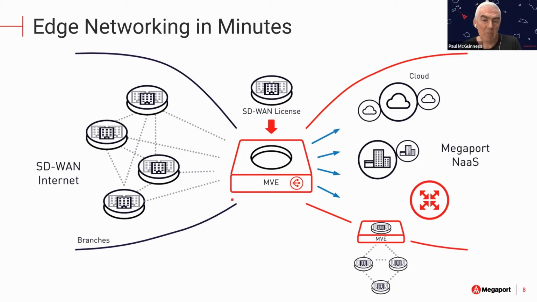So essentially what's happening, starting here at the left-hand side, you've got your SD-WAN solution deployed, and it can use an internet connection to reach the Megaport Virtual Edge. You can then take one of your SD-WAN licenses and deploy that on top of the Megaport Virtual Edge. And that then comes under the control of your orchestrator, your SD-WAN controller, and it just looks like another branch on that SD-WAN deployment.